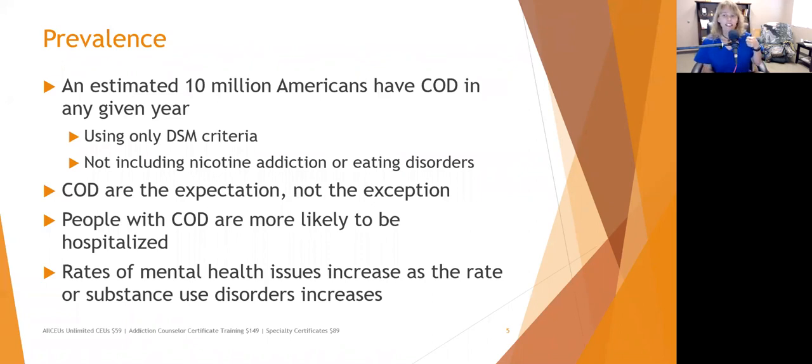Rates of mental health issues increase as the rate of substance disorders increases. So as we see more people becoming addicted to substances and developing compulsive or addictive behaviors, we also have seen mental health problems increasing, including depression and anxiety.